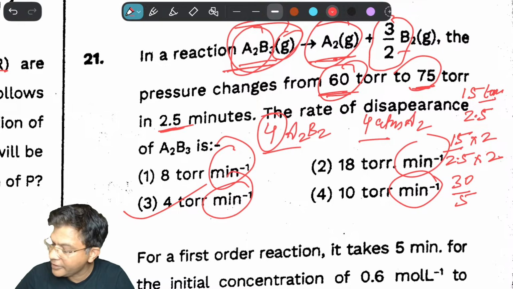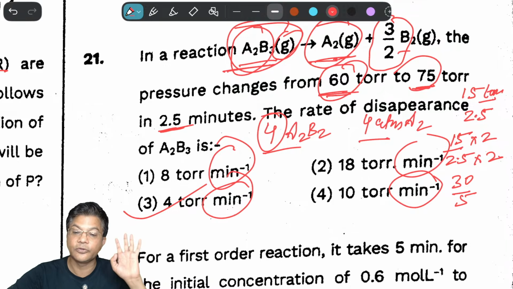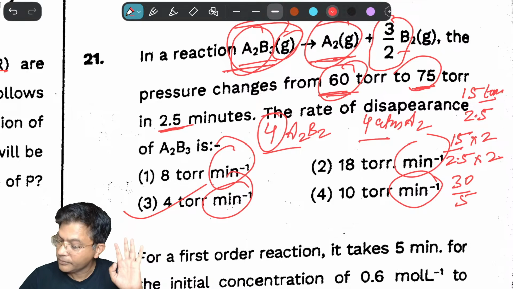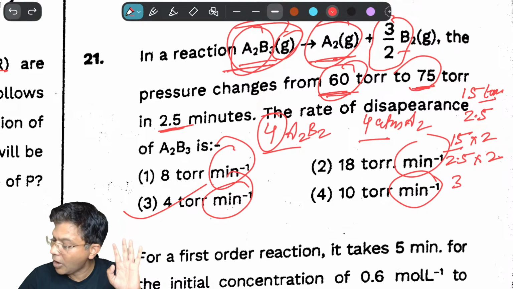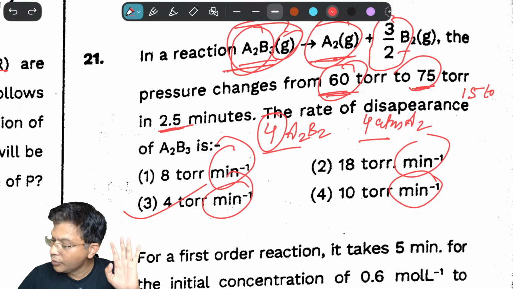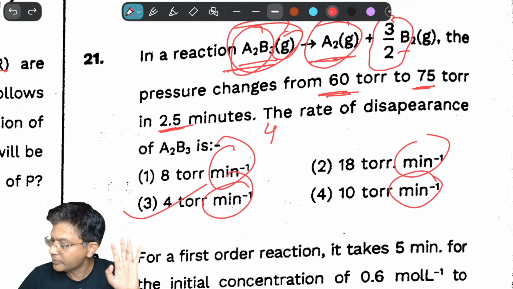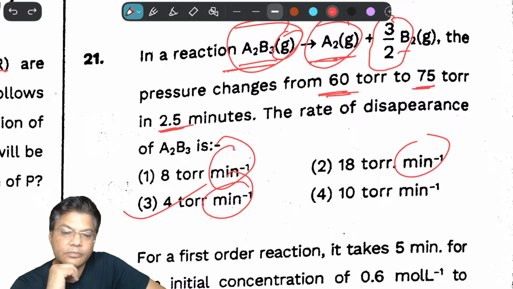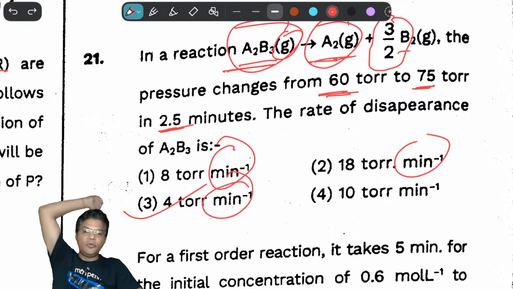The pressure change in 2.5, the rate of disappearance of A2B3 will be how much? Tell me kids, how much will it be? Everyone do let me know, or you can do it orally. It's very simple. Just check it out, kids. 21st question, everyone just check it out.